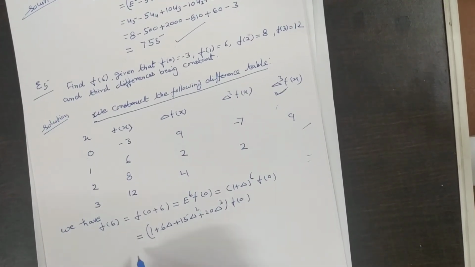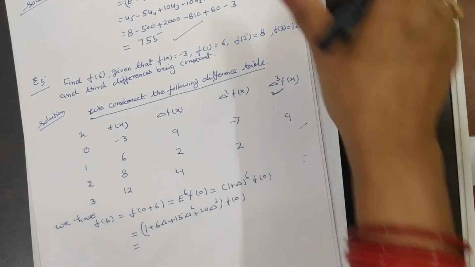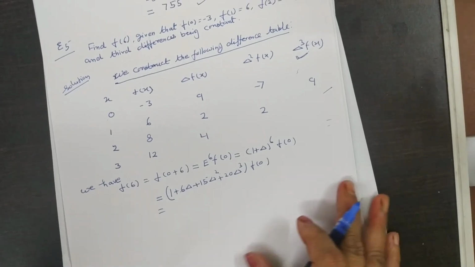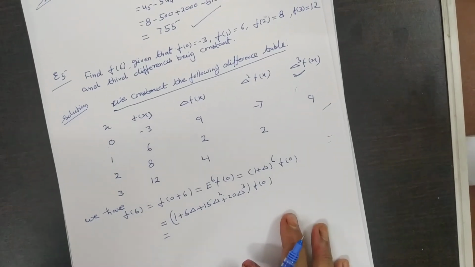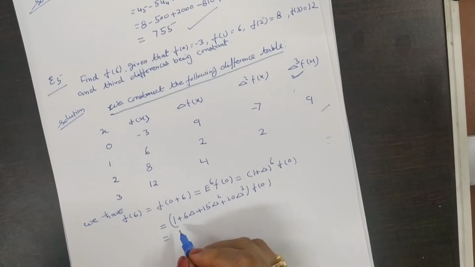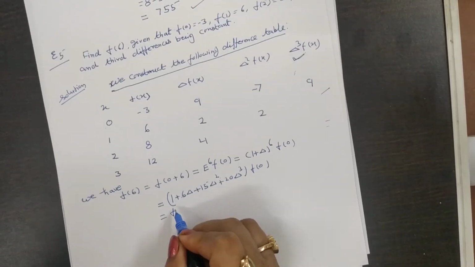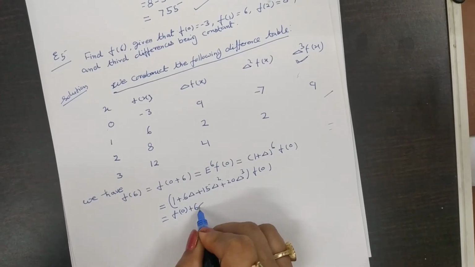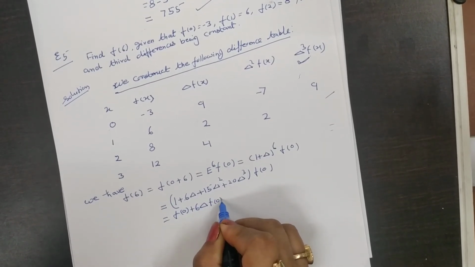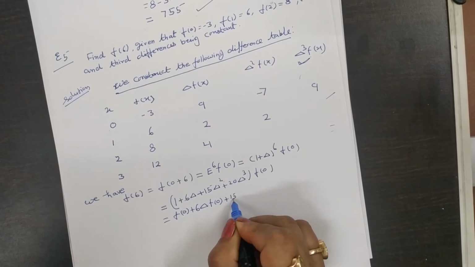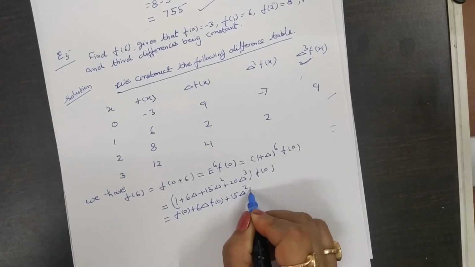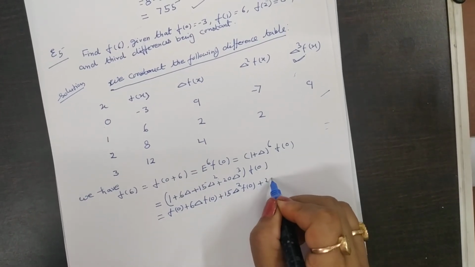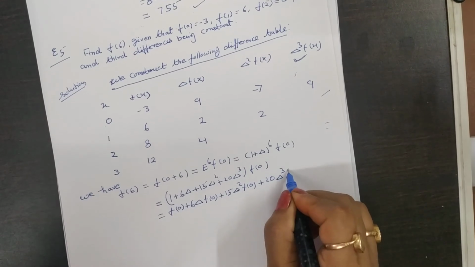So substituting all these terms, that is f of 0 plus 6 delta f of 0 plus 15 delta square f of 0 plus 20 delta cube f of 0.